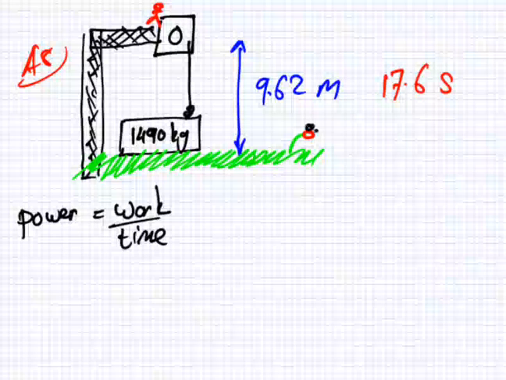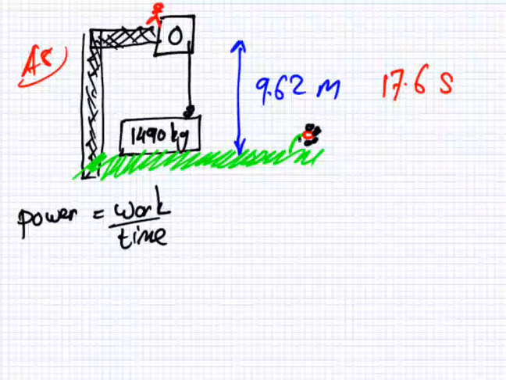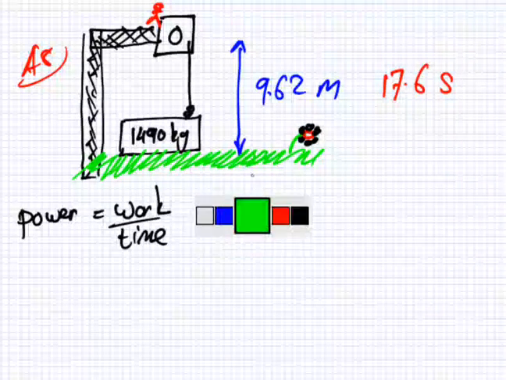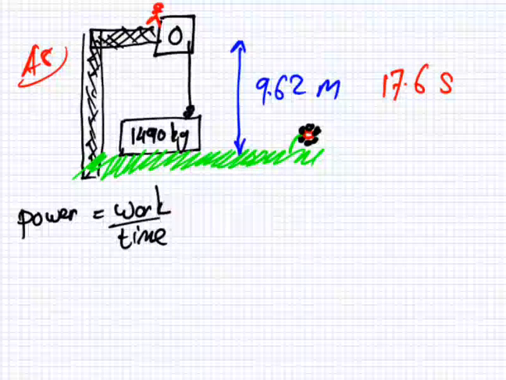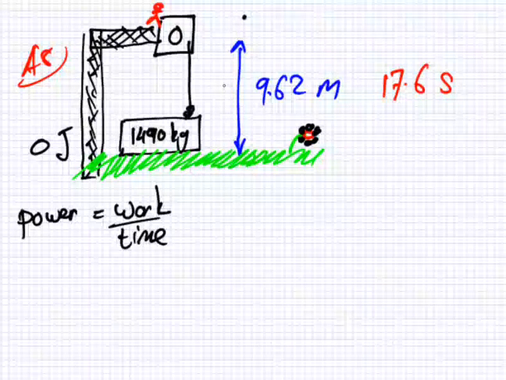So 1 over R equals 4 over 9. So R equals 9 over 4 ohms. Then we can use good old V equals IR. So then I equals V over R, which equals 4 over 9 over 4. So I equals 16 over 9.